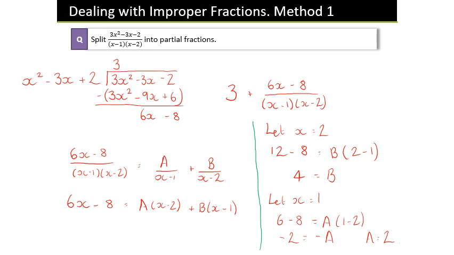So my final answer I'm going to write up here at the top is going to be my 3 whole ones, then add on negative 2 over x minus 1, add on b, which is 4 over x subtract 2.